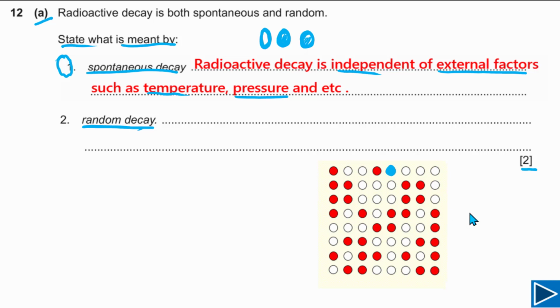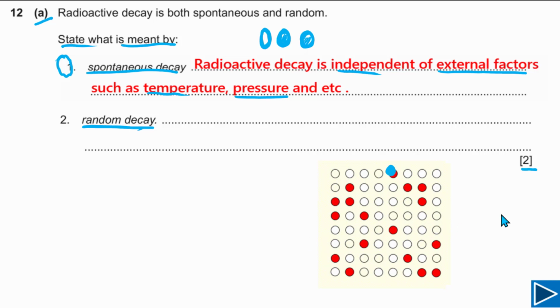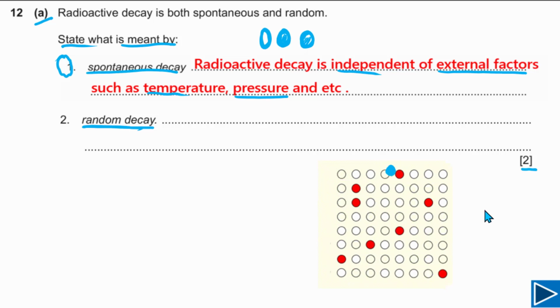After the next half-life, half of the nuclei will decay, but we cannot say which nucleus will decay, and this is again after the next half-life. Half of them decay, but we cannot say which nucleus will decay and when any particular nucleus will decay. So this is what is meant by random decay. I hope it is clear to you now.